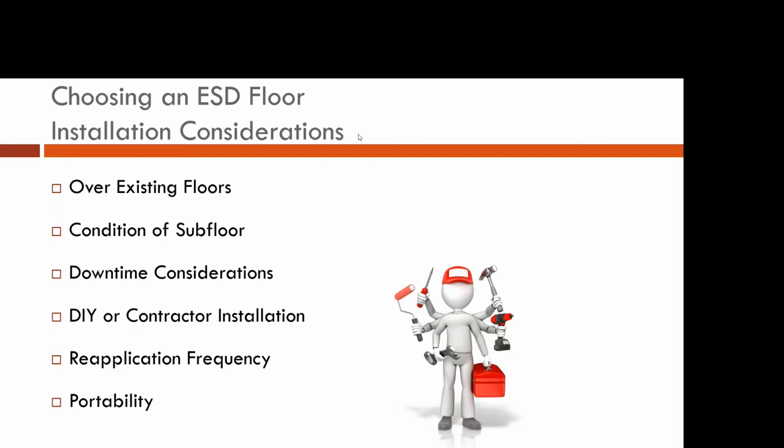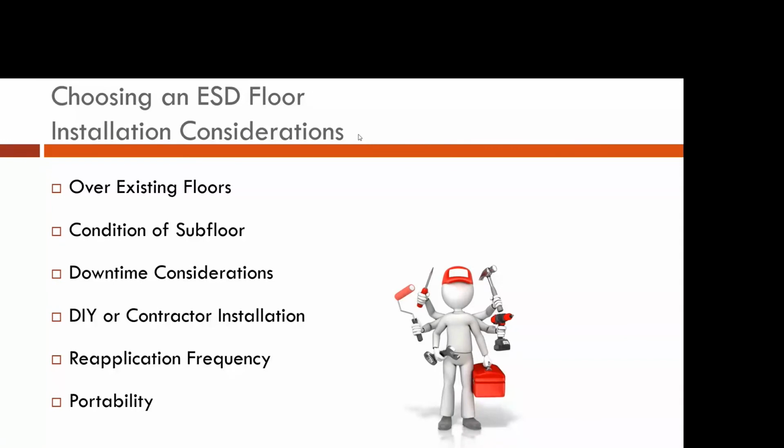Other applications like epoxies or glue down tiles or carpet disallow you to do that. But again, you may be in an area where the application calls for sanitary base codes and you need the floor to go up the walls. So now you're really only looking at sheet goods or epoxy floors.